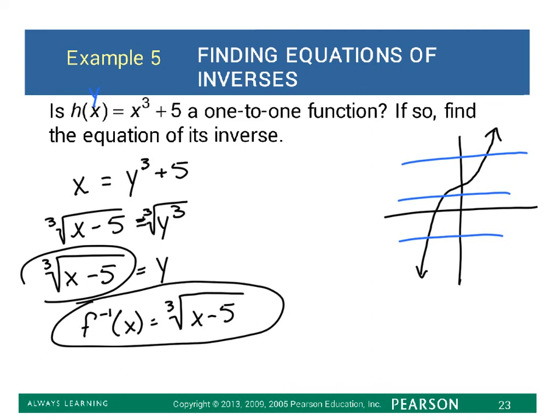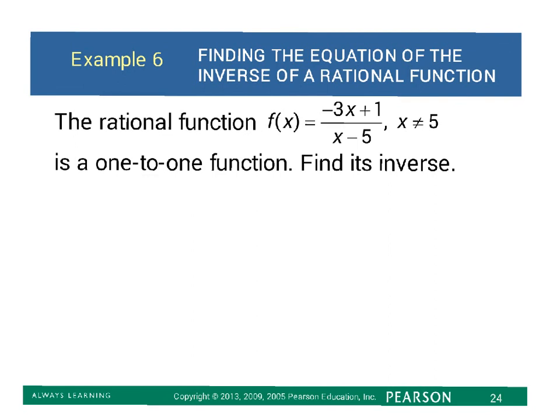Let's do another example. Okay, in this example, it's a rational function. There's quite a few more steps than the previous two that we have looked at. So in this one, I've already taken one step out for you, which is determined that this function is a one-to-one function. I'm already telling you, it is a one-to-one function.